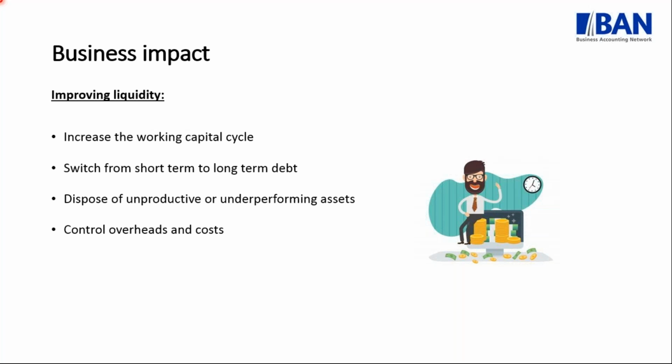Now you see your business is actually running into a little bit of trouble in terms of liquidity. You can refinance that asset if it's unencumbered to free up some cash in the short term. It might be a little bit more expensive in the long term because there will then be an interest charge related to that financing, but it does allow you then to improve your liquidity, which you might need right now.